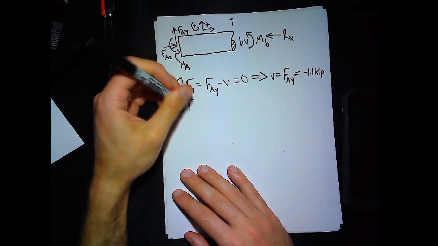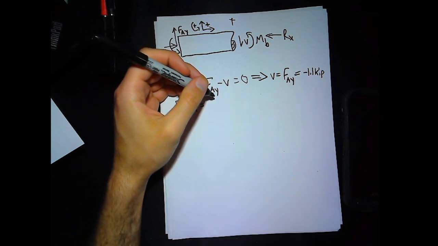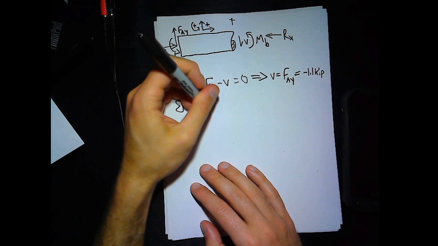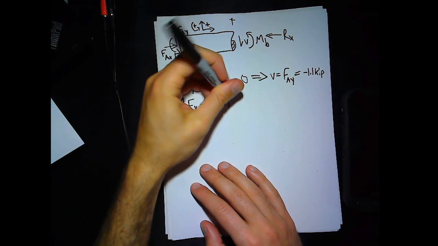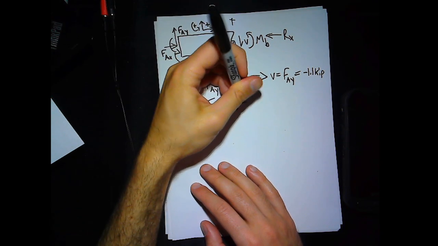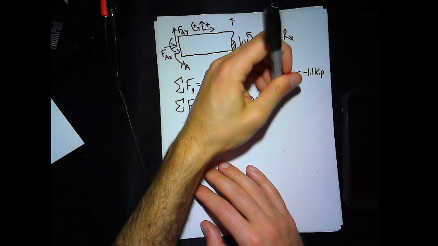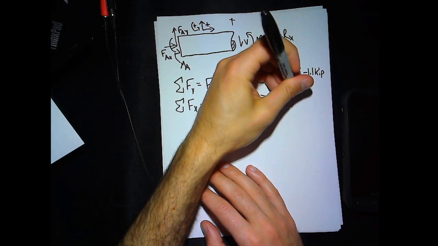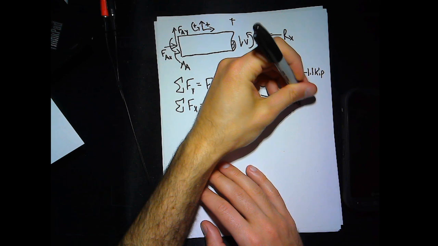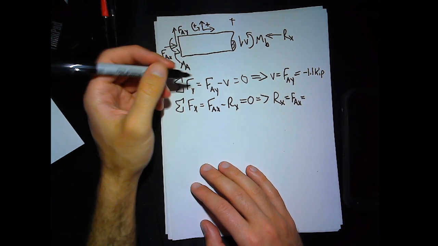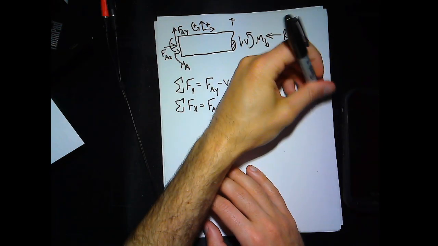Summation of forces in the x is also straightforward. Just have FAX, RX. So therefore, the horizontal reaction force is equal to FAX, which is equal to 2.4 kips.